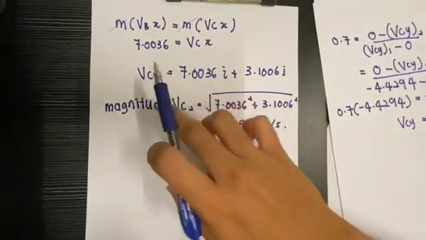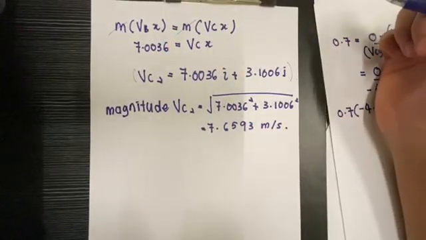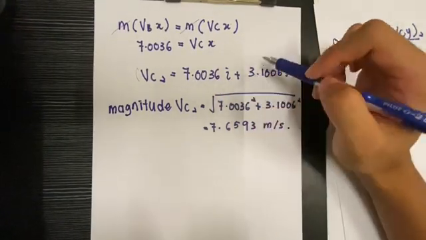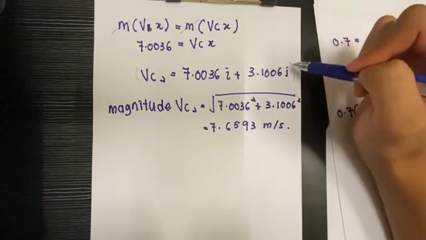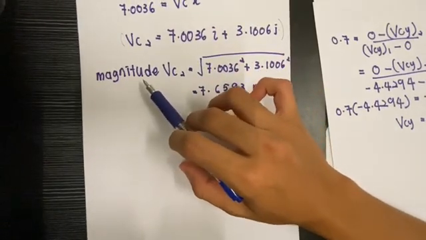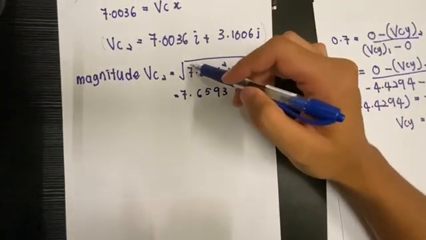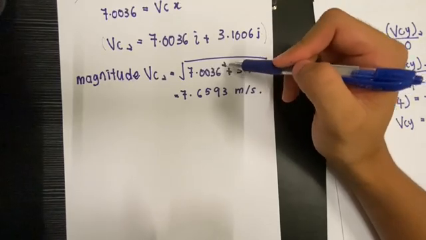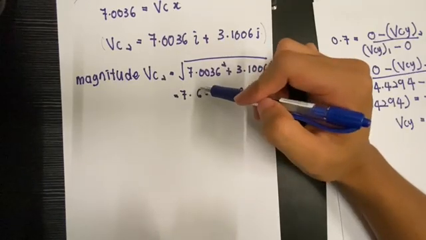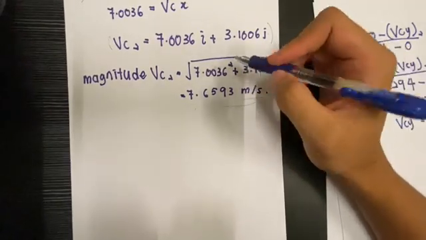So this vector equation is 7.0036 i plus 3.1006 j. And we can calculate the magnitude VC2, the square root of 7.0036 squared plus 3.1006 squared, and we get 7.6593 meters per second. This is the answer for question A.